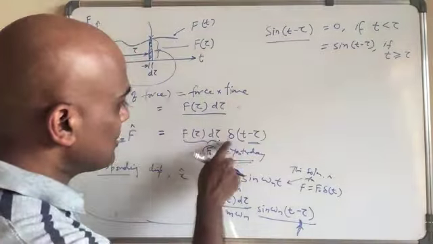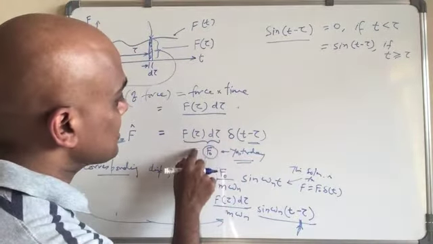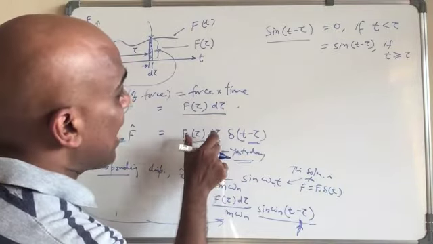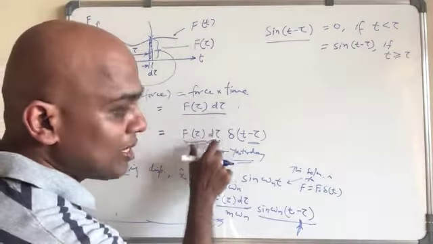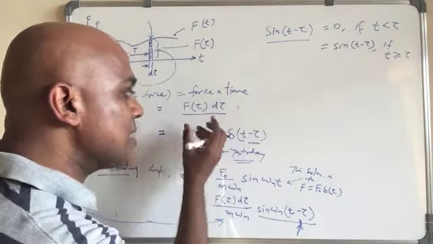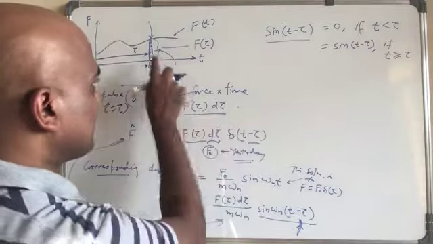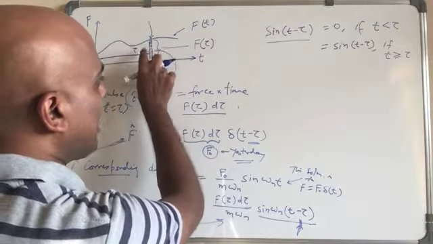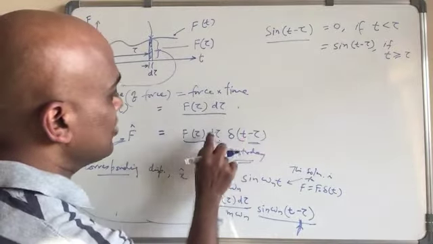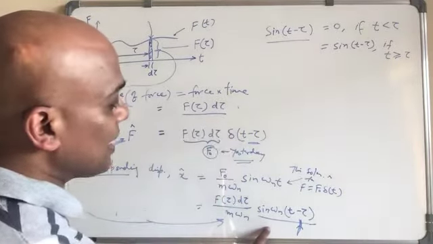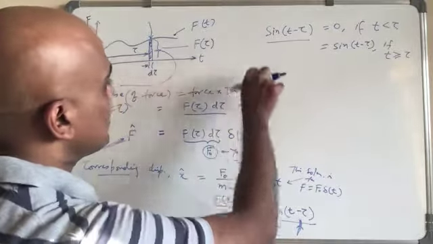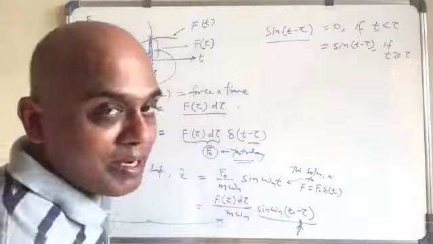This really means that although F(tau) times d tau gives you the area, this is how the area is distributed: the force acts at t equal to tau. Hence your displacement also starts from here only, before that it is 0, and hence you have the t minus tau term here.